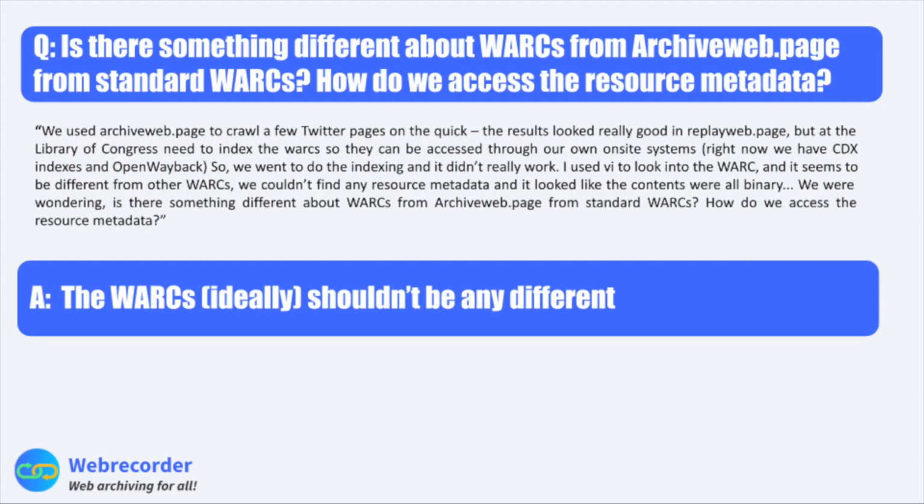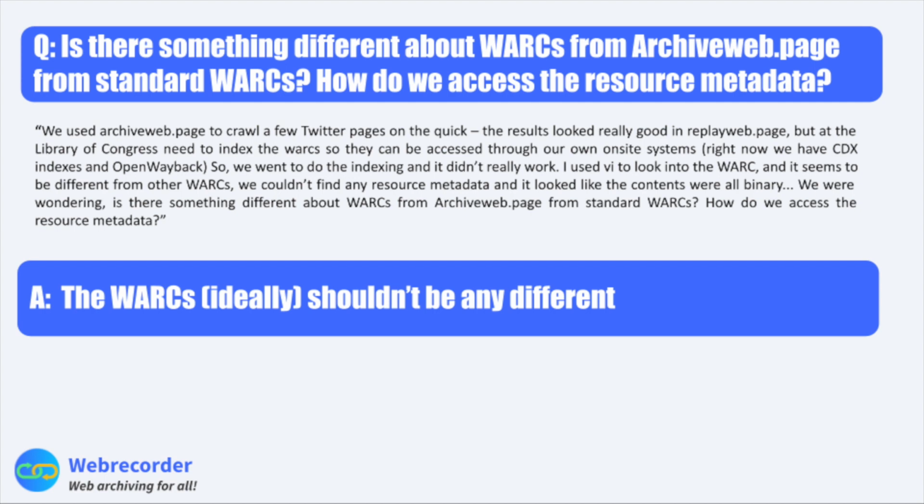So, a question about the resulting WARCs from ArchiveWeb.page. We used ArchiveWeb.page to crawl a few Twitter pages on the fly. The results looked really good in ReplayWeb.page, but at the Library of Congress, we need to index the WARCs so they can be accessed through our own on-site systems. So right now we have CDX indexes and OpenWayback.